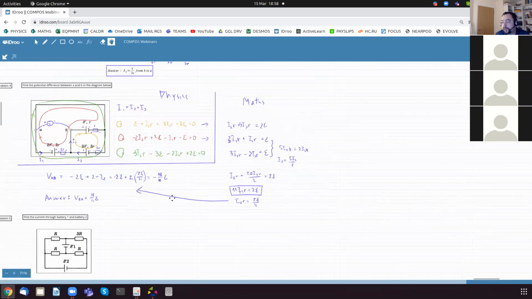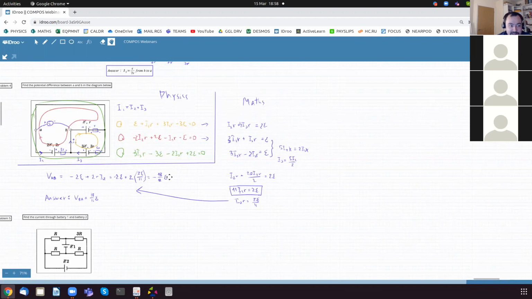I mean, it would work if you eliminate I2. It doesn't really matter what you eliminate. You just need to keep eliminating variables until you get something decent. So yeah, it's just like that.